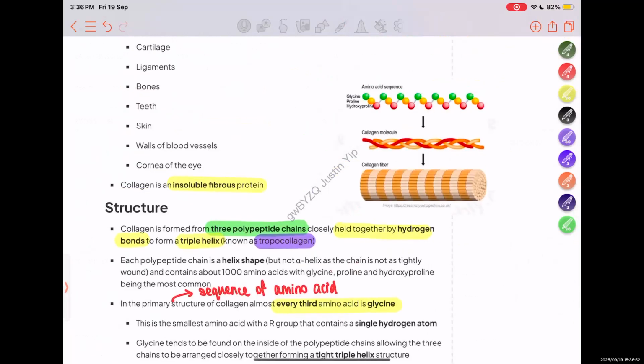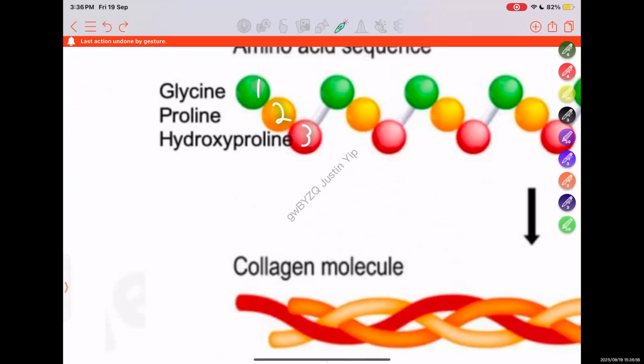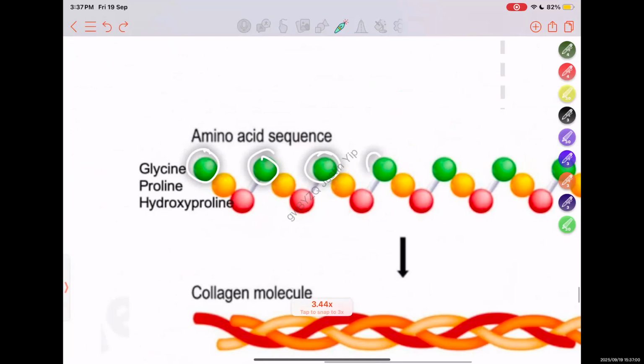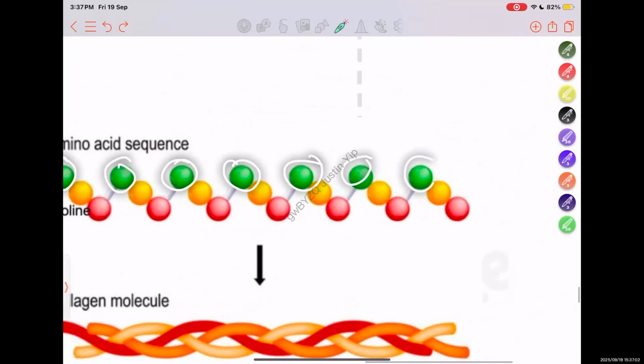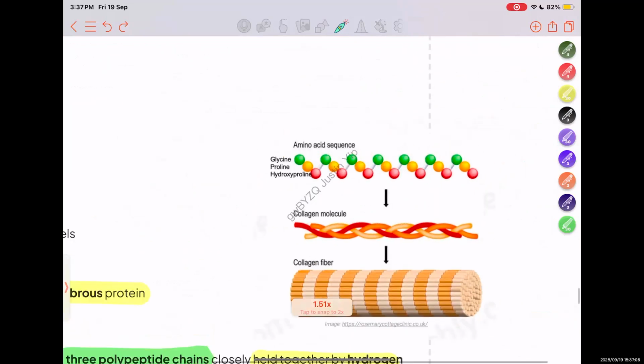What does it mean? Here you see I got 1, 2, 3, right? So almost every third one, starting from the green color, we call it glycine. In your collagen, glycine is the first one.